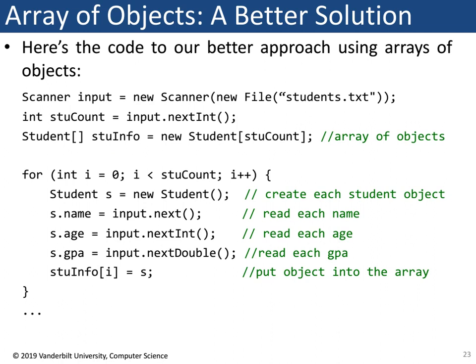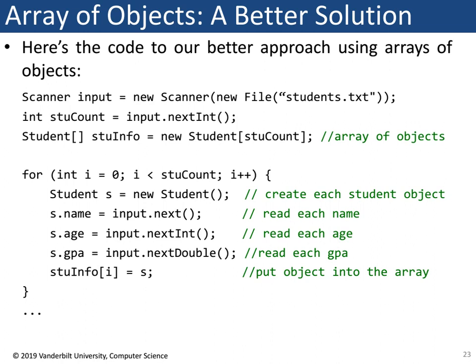So we create the student object, assign a reference to the student object to the variable s, populate all the instance variables, and then store the reference, which is currently in s, in our element I of our student array.